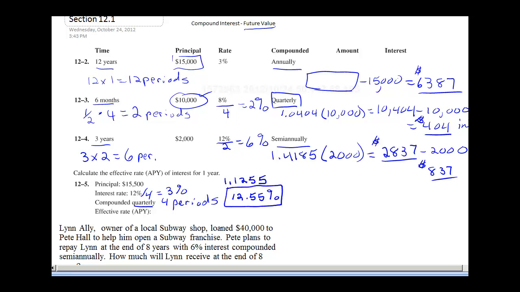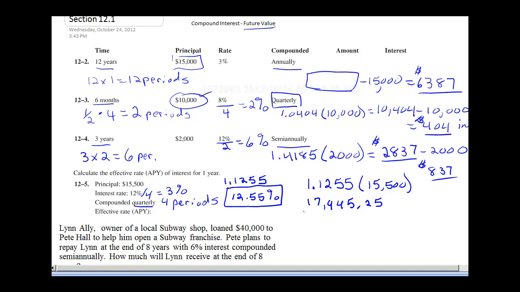But your book also shows you how to calculate this using the interest divided by the principal. So if you didn't happen to know that you could read the APY right off of the table, we take our table value, multiply it by the 15,500, and find out that that is $17,445.25.